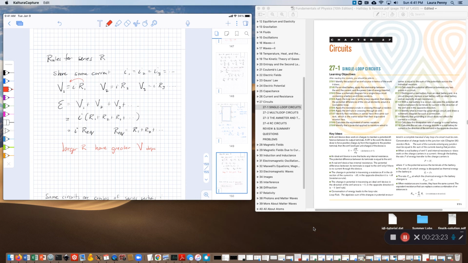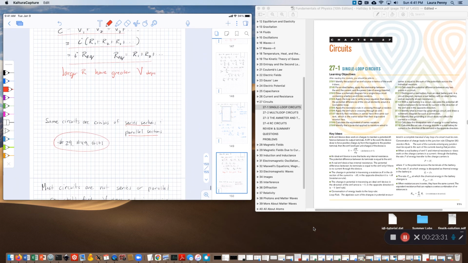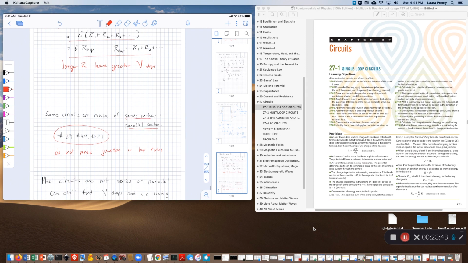You can just use these known rules about series and parallel to do number 29, number 49, and number 101. You do not need junction or loop rules to do those. But what I'll do in the next video is what happens when you do need to do loop and junction rules to be able to do it at all.